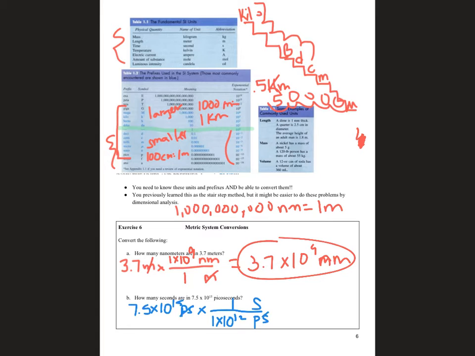Now I'm reviewing my scientific notation rules. 7.5 divided by 1 is 7.5. And when I'm dividing, I subtract my exponents. So I take 15 minus 12, which is times 10 to the 3rd, and that would be me converting that to seconds. So that's how you do those.